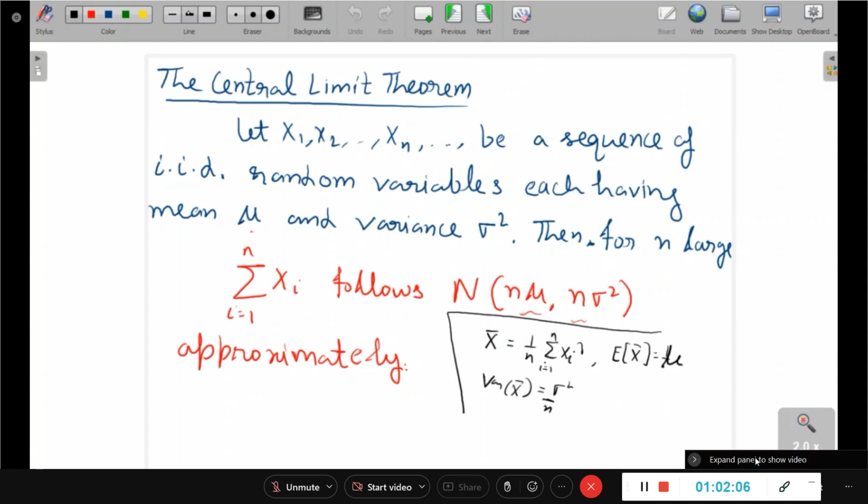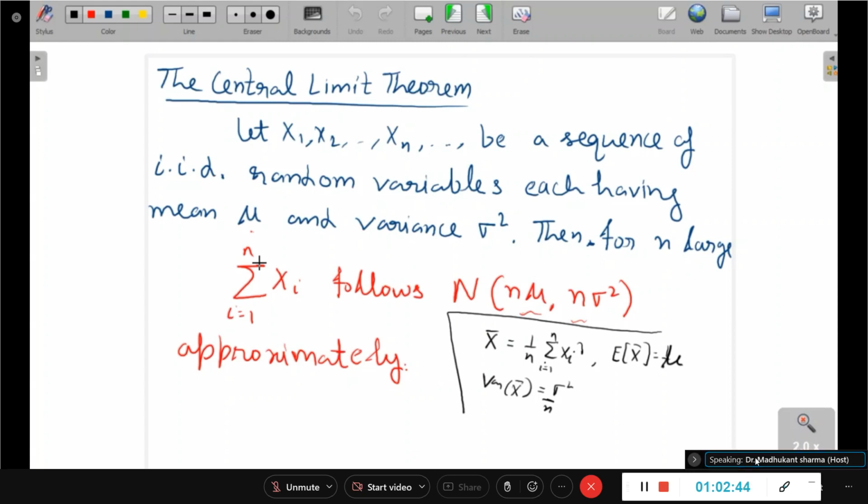then for n large, the summation of xi, i equals 1 to n, will follow a normal distribution. N large is also a very open question: how large is n? The general thumb rule is n greater than or equal to 30, which will be satisfied for almost all distributions, but it's still an open question.